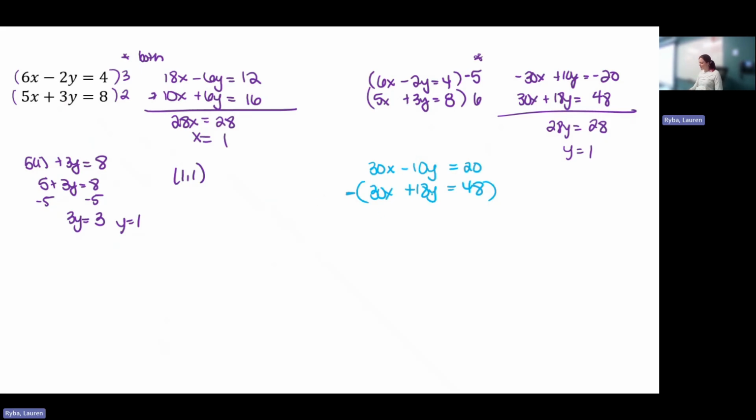Negative 10 minus 18 is negative 28. It's just a little more messy when you're subtracting versus adding. That's why I like to multiply by the negative up there instead. So it'll all work. No matter how I do it, I'm going to get the same answer as long as my algebra is correct.